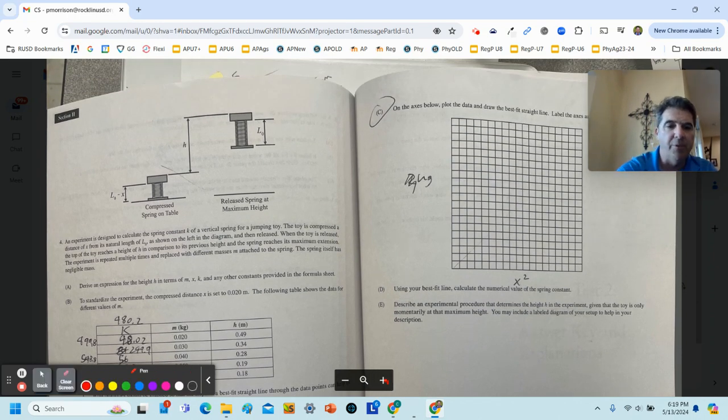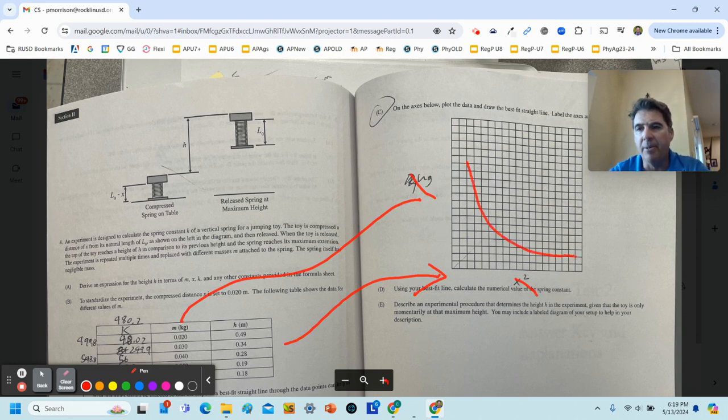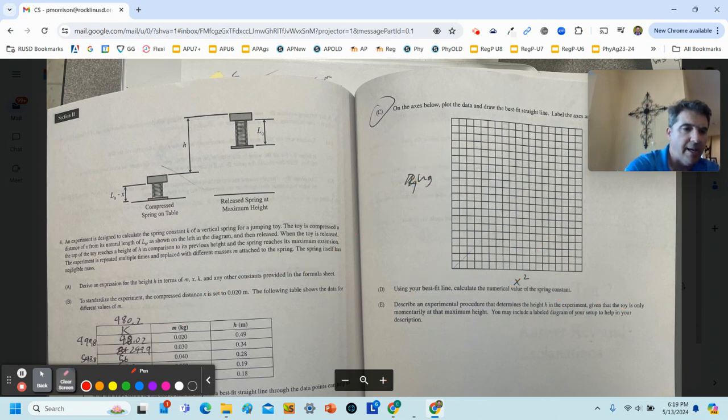And so if you take these points and you plot them here and here, I'm not talking about yours, I'm talking about what they did here and here, you get an inverse, and it's hard to get the slope of an inverse. So if you have the inverse, which would be mass in kilograms on this side and height in meters on this side, and you switch it, so you take all this, and I'm going to clear that.